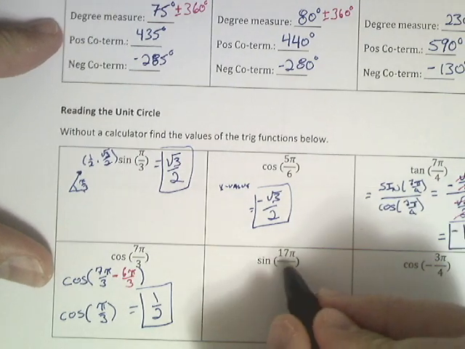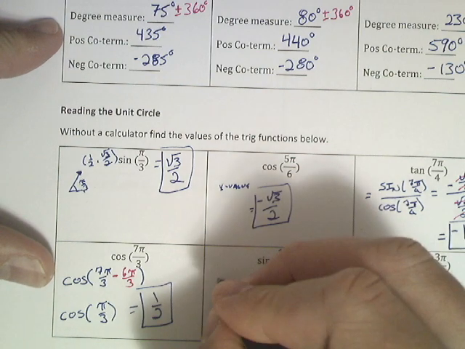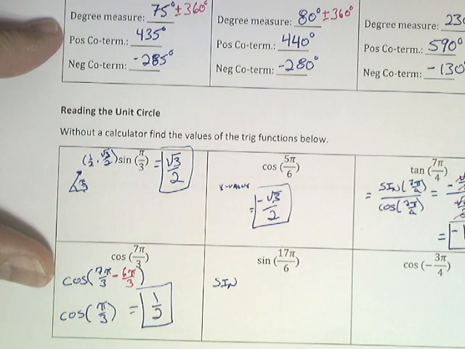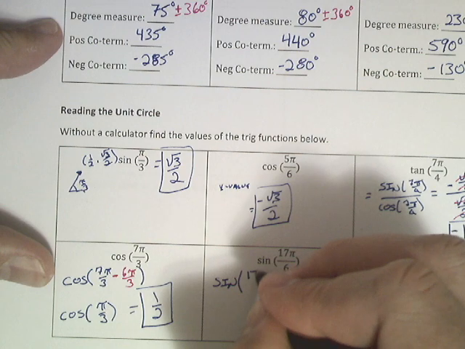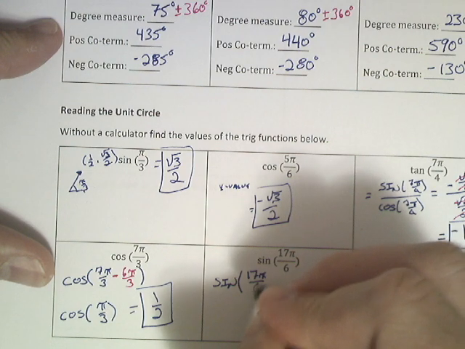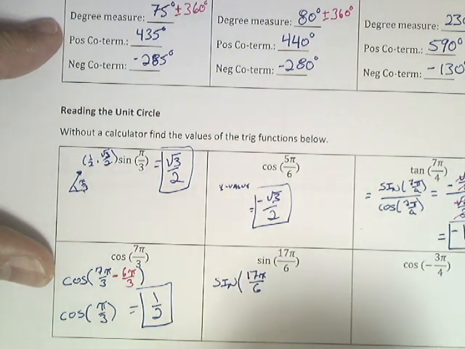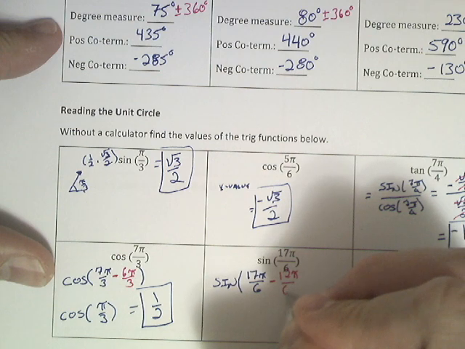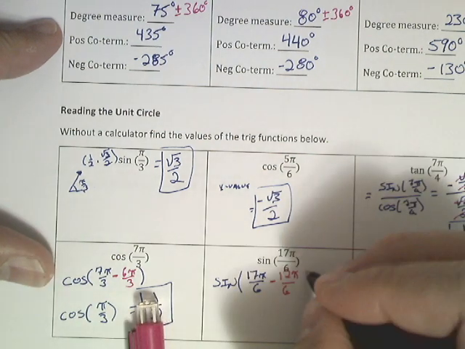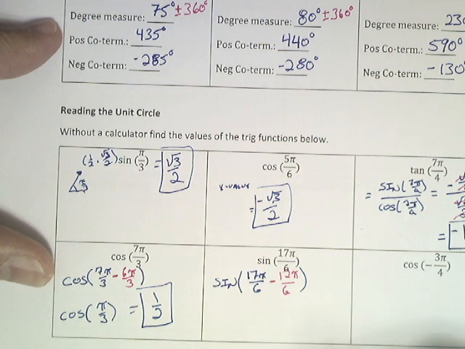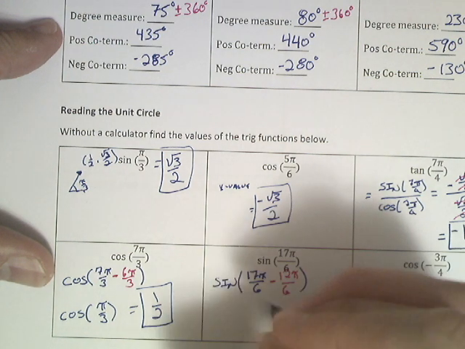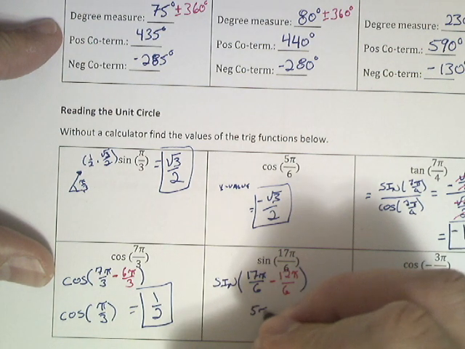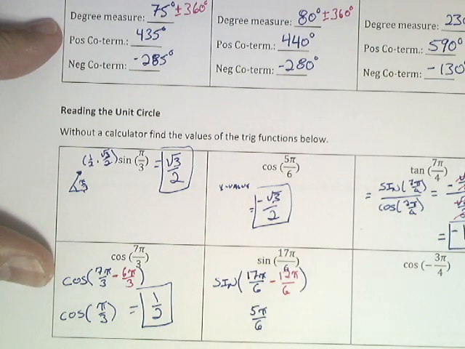17 pi over 6 gives us the same issue. What we can do is we can subtract, so sine of 17 pi over 6 is going to be equal to sine of 17 pi over 6 minus 2 pi. 12 pi over 6. So that's a fancy version of 2 pi. And then 17 minus 12 is just 5 pi over 6.